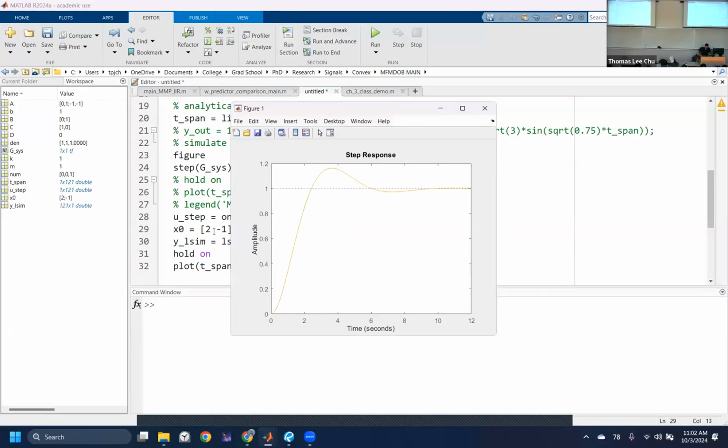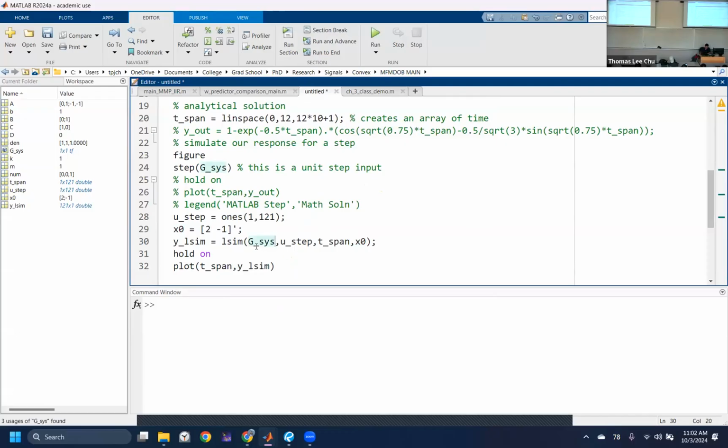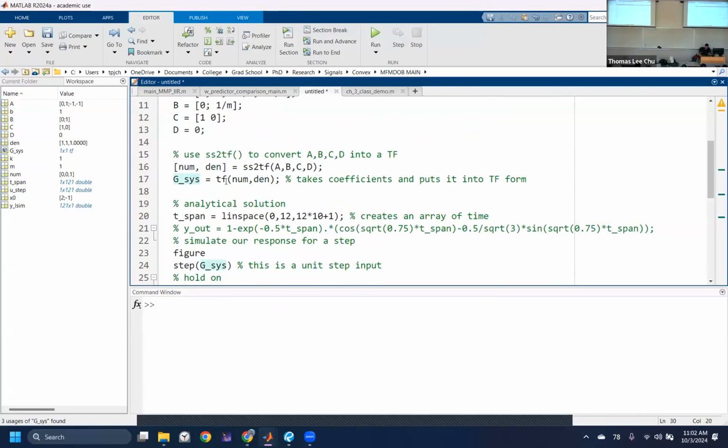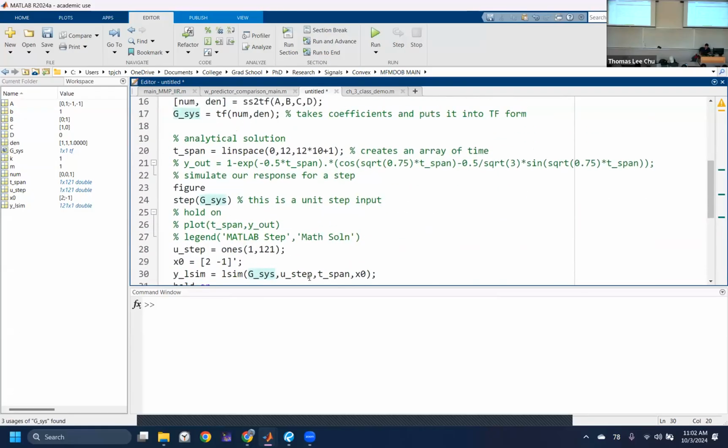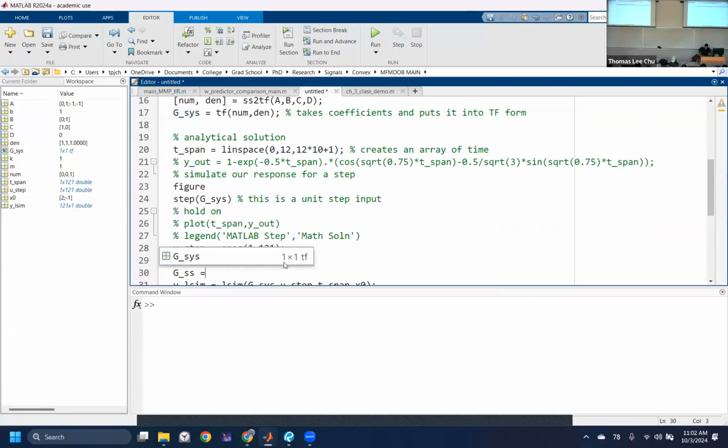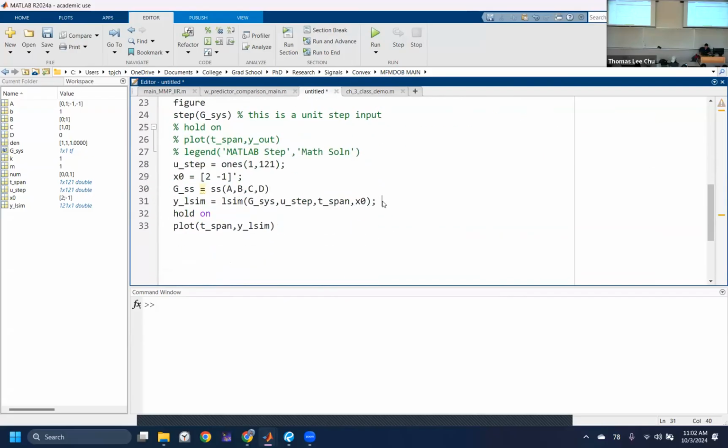Okay. Didn't work. Oh, I know why. I can't use G system here. They're very picky about it. G state space. For LSIM, you need to use the state space command instead of transfer function. I don't know why MATLAB's just picky like that.